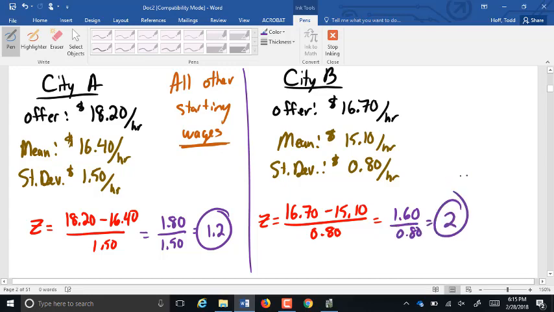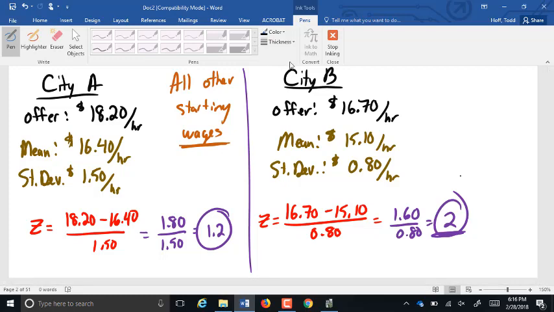That's two standard deviations above the mean. So assuming that the starting wages are a reflection of cost of living in those cities, your offer in City B is a way better offer. Any questions?